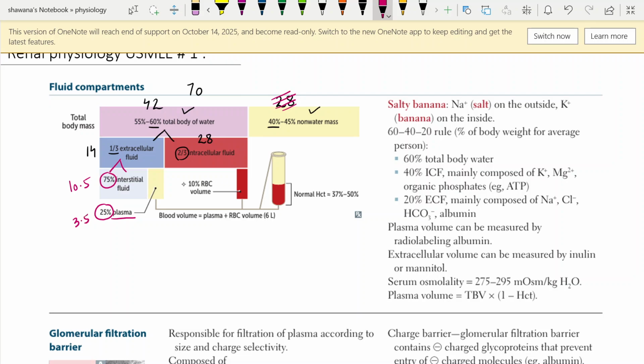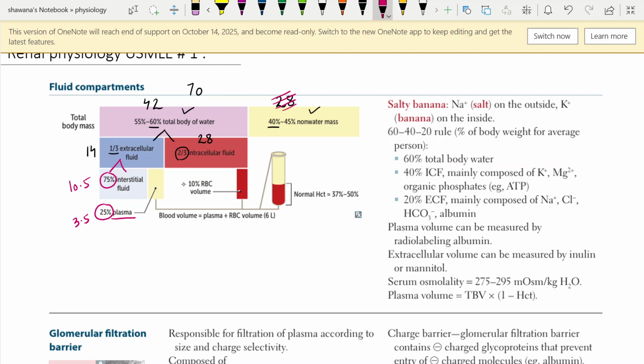So let's revise it. First of all, the body content of water is 60%, and non-water mass is approximately 40%. From that 60%, we are dividing it into two compartments: the extracellular and the intracellular.